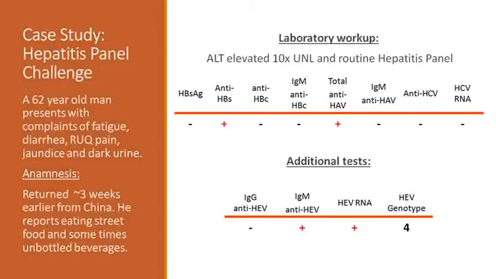However, additional tests that were done for hepatitis E showed that the patient had an IgM positive result, which a week later was also positive for IgG, and HEV RNA positive. When we sequenced the product, we found that the patient was infected with genotype 4, so he imported that from China. He brought it with him.